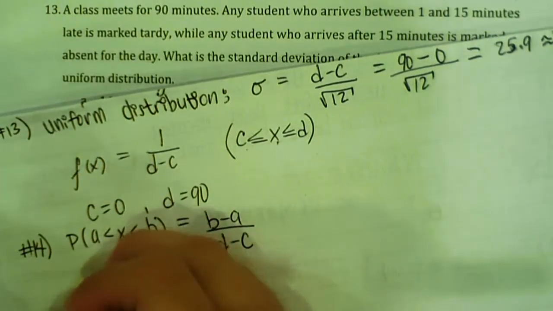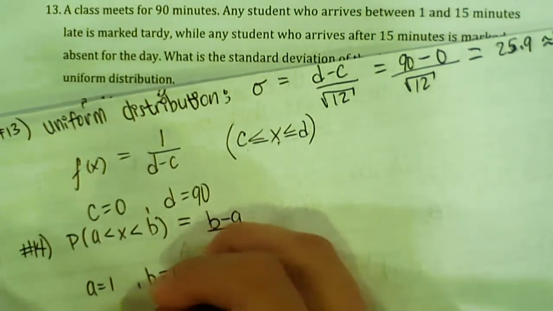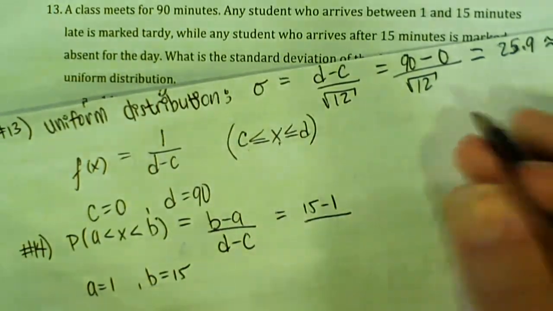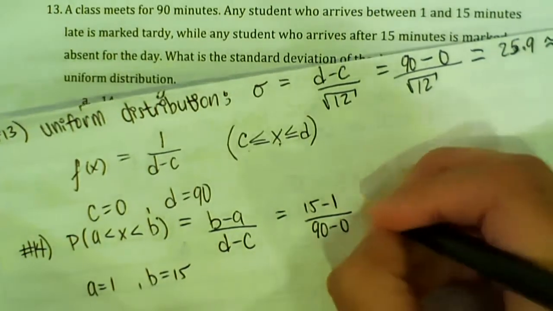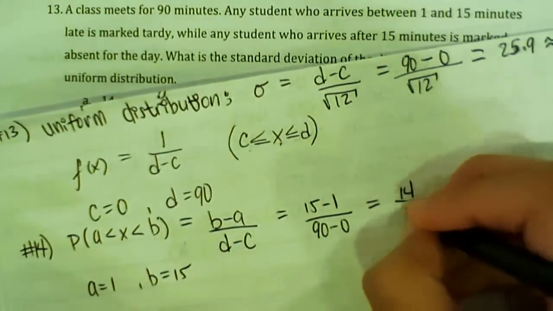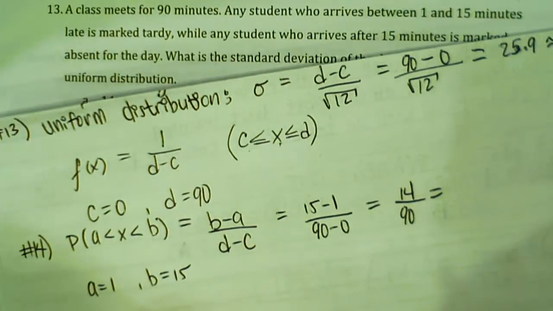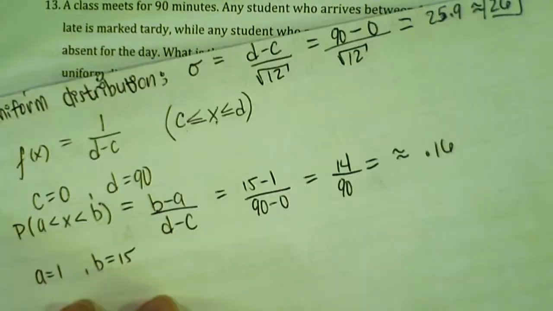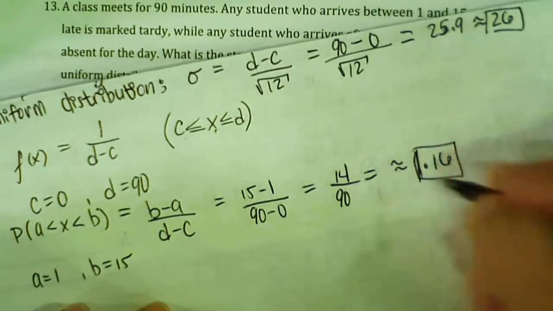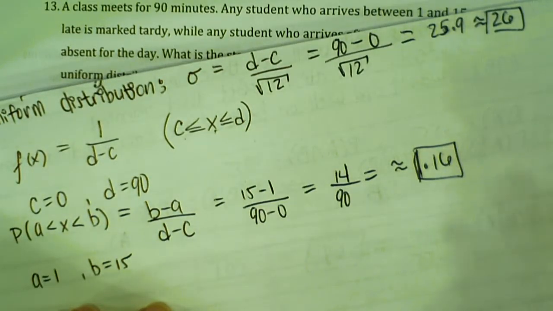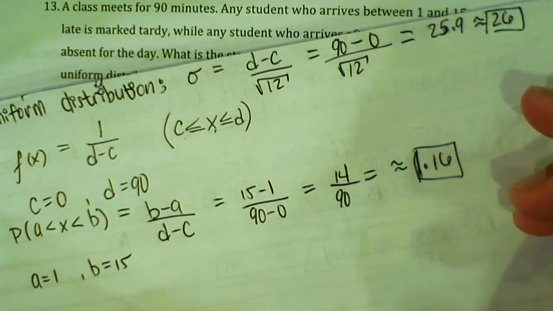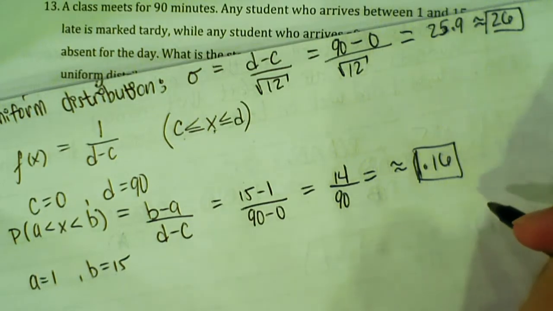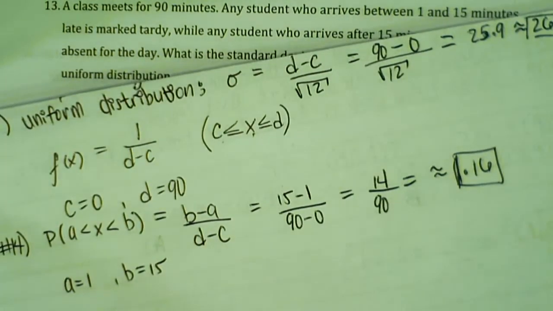So A is 1, B is 15. So 15 minus 1 over 90 minus 0, same as 14 over 90, which should be roughly 0.16. 0.177? Okay. So does everyone else get 0.16? Okay. Good, good.